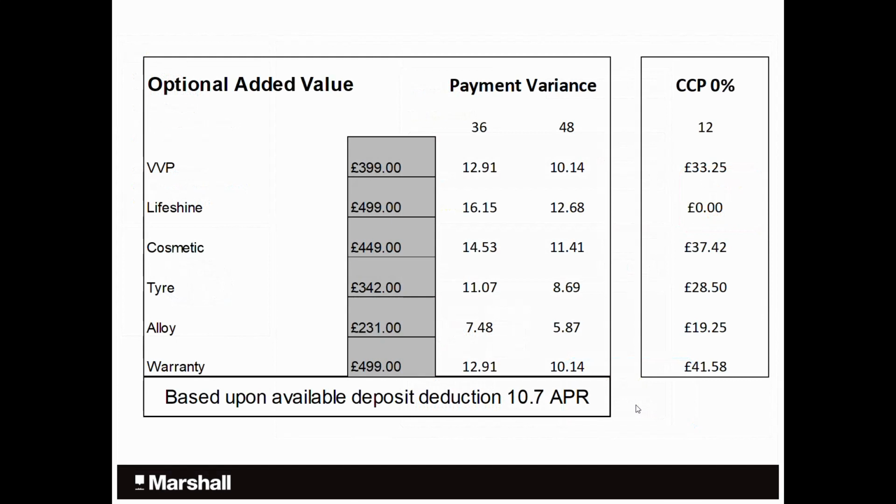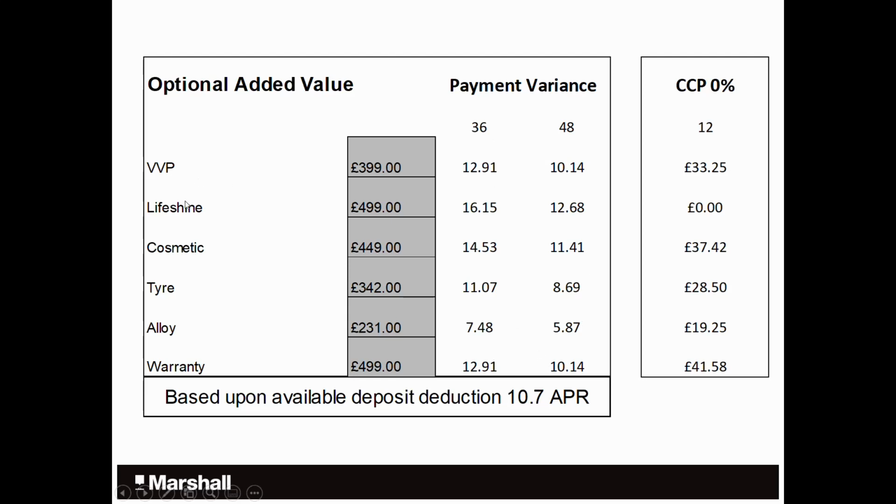So it's quite a useful tool, because it helps to protect add-on sales. If you look at these, they're all the typical products that we have available to offer to the client. I know a lot of them can't be funded, so we have to take it out of the deposit, but effectively that's the kind of cost by which it alters the payment.